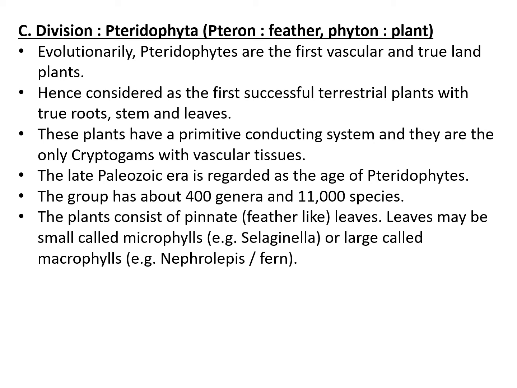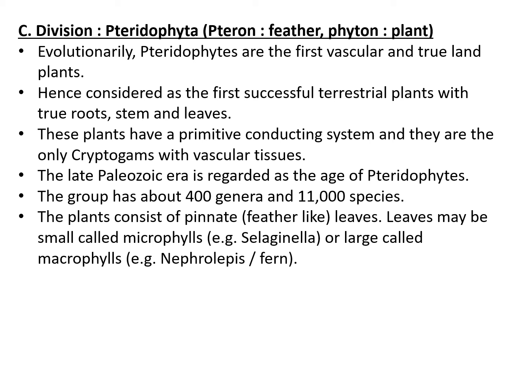The late Paleozoic era is regarded as the age of pteridophytes. The group has about 400 genera and 11,000 species. The plant consists of pinnate, meaning feather-like, leaves.